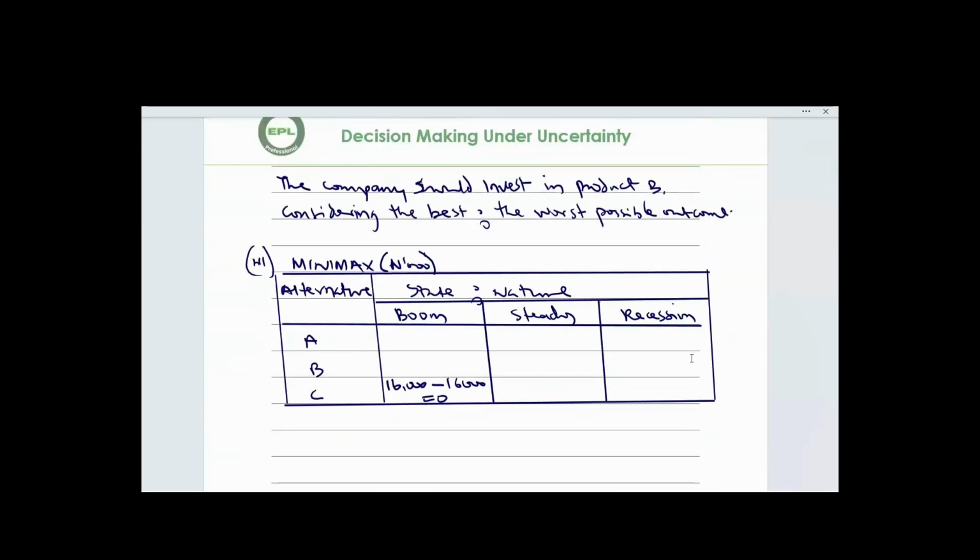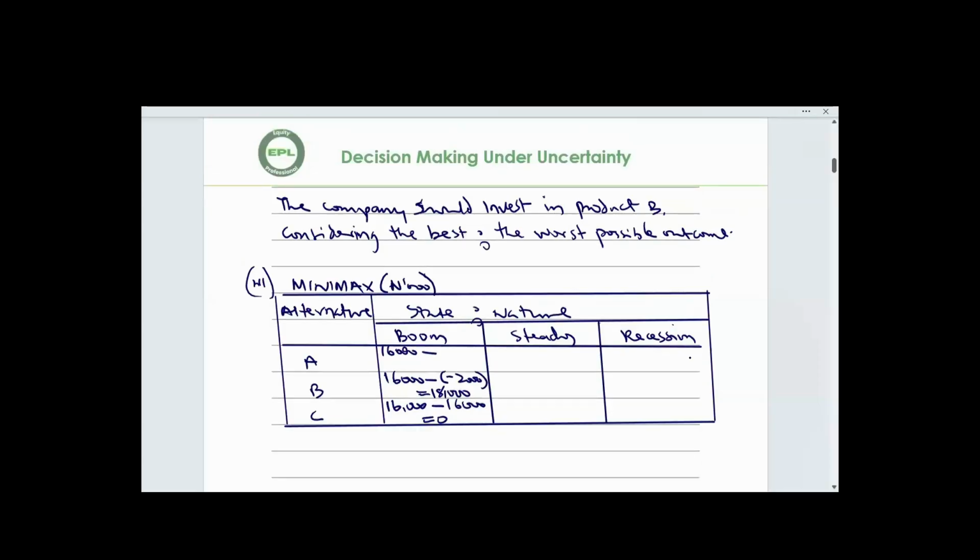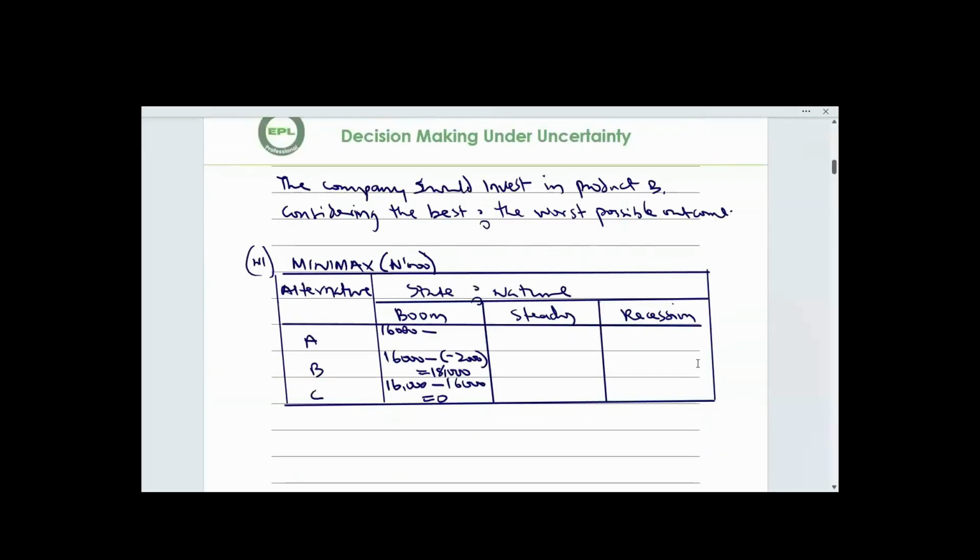Therefore, 16,000 minus 2,000. This will give us positive 18,000. Then for alternative A, 16,000 minus 8,000. This will give us 8,000. Let me write this 8.